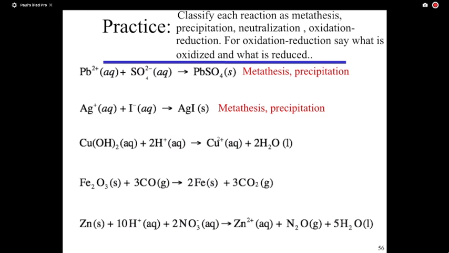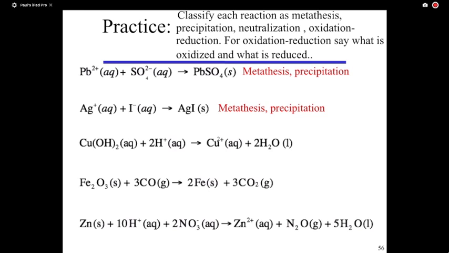All right, this next one could be a little bit confusing. We have calcium, copper 2 hydroxide, and the proton is copper 2 plus water. In this case, your choices are metathesis, precipitation, neutralization, and oxidation reduction.